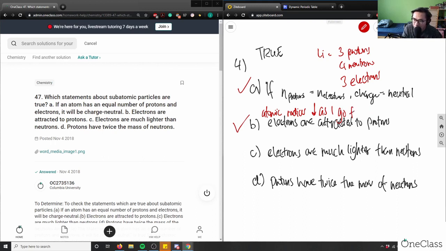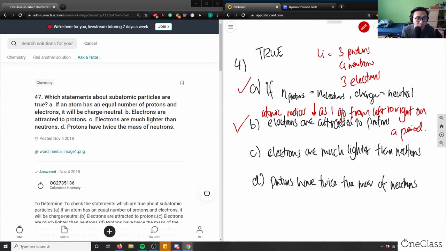Sorry, this is really bad handwriting. Again, atomic radius decreases because the attraction between protons and electrons is intensified. The protons are more attracted to the electrons, so they drag them toward the center, therefore decreasing the atomic radius. So B is also true.